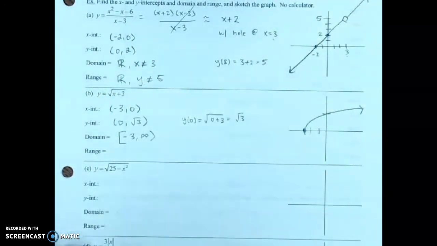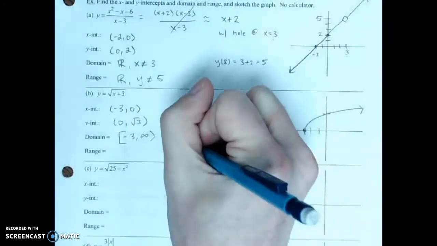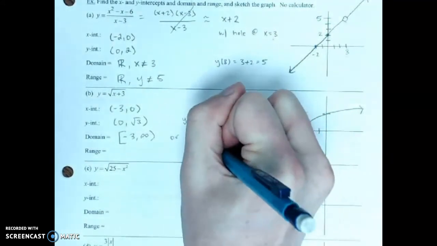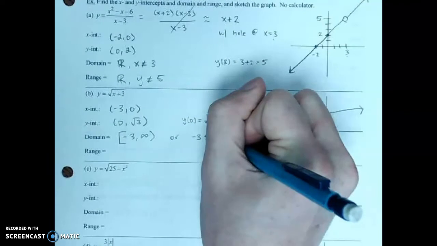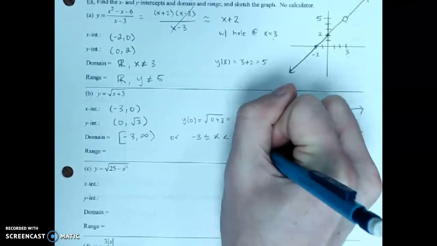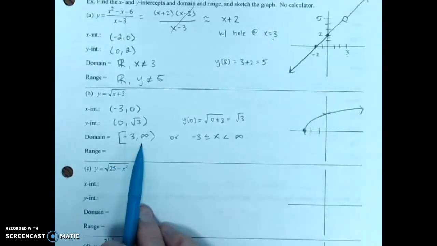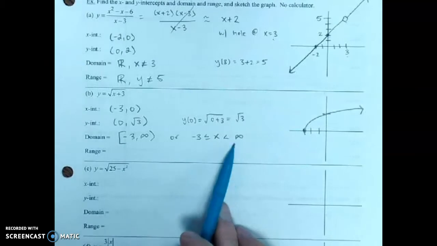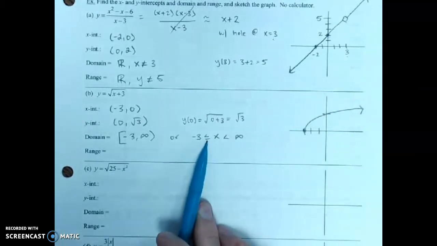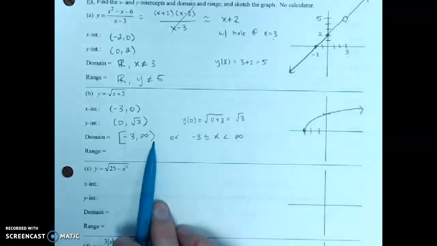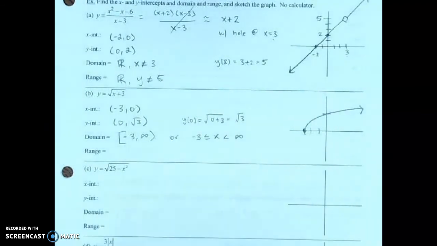Bracket means inclusive. Another way of writing it, you could write negative 3 less than or equal to x less than infinity. I think this is just mildly less writing. It's a little bit faster, so I will typically write my intervals like this, but this is the exact same thing. Again, the bracket means inclusive. You have the equal to bar, the parentheses means exclusive, no bar.